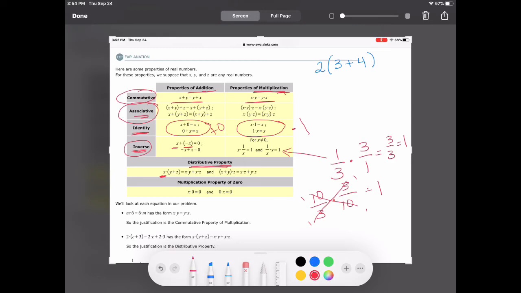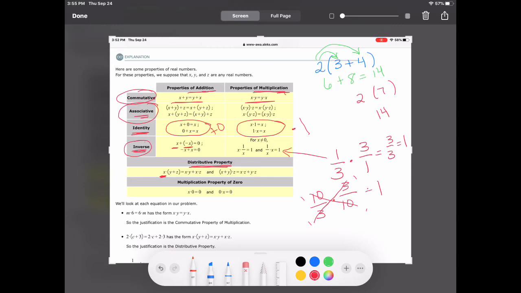In order of operations, 3 plus 4 is 7, so it would be 2 times 7, or 14, correct? But suppose there's an x in there and I can't actually do that. There's a little trick. I can do 2 times 3, which happens to be 6, plus 2 times 4, which happens to be 8, and that will also give me 14. That is the distributive property. We'll be doing some more of that later, but that's what the word means.